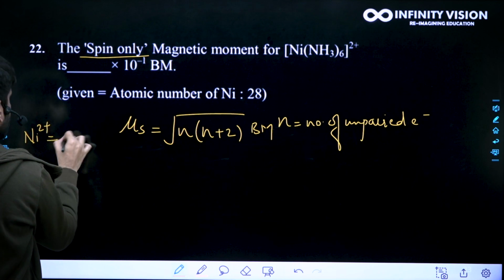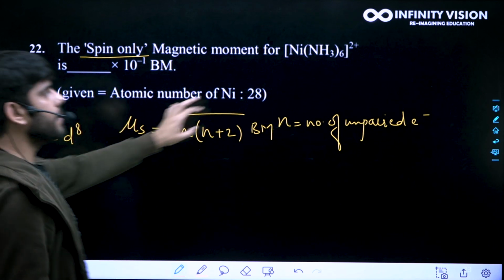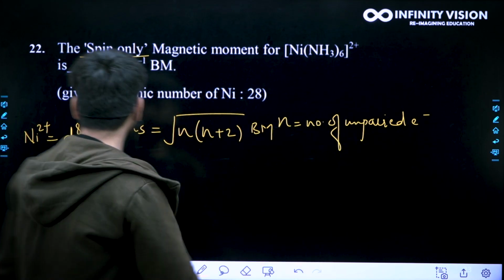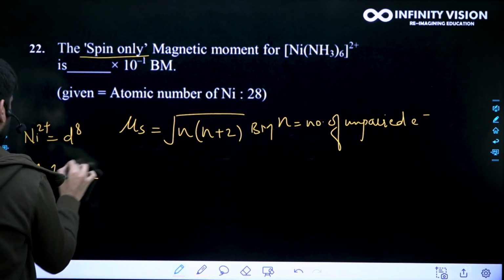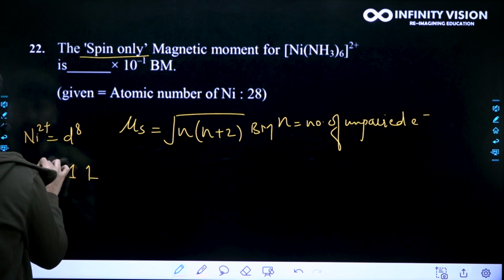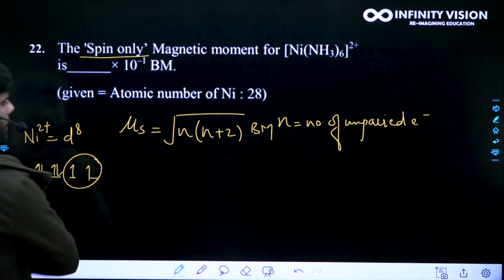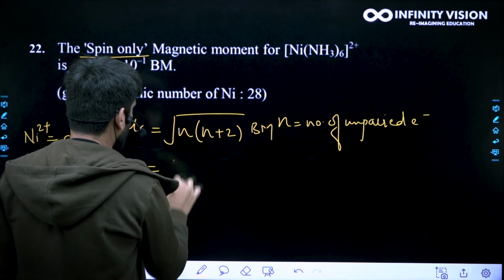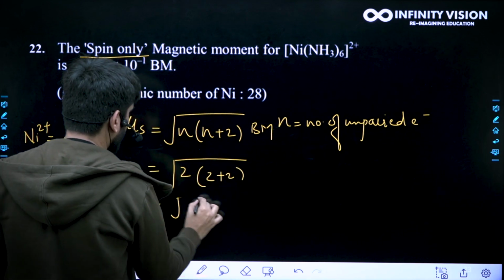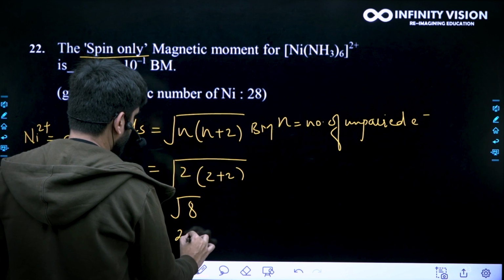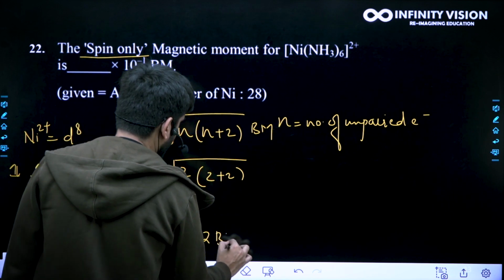That means it is a d8 system, and ammonia being a weak field ligand. So let us see: 6, 7, 8. So we have 2 unpaired electrons. The n value is 2. What do we get? Square root of 2 times 4, that means we get root 8, or we can write 2.82 Bohr magneton.